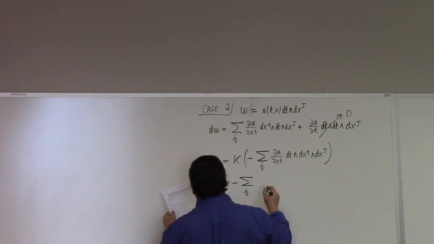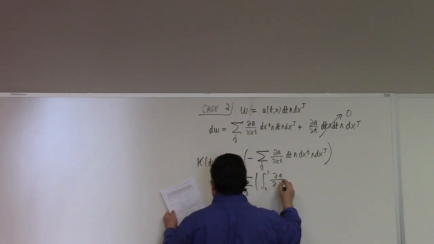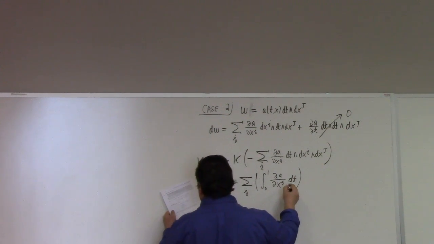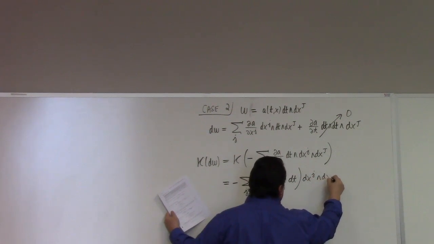So the sum over j of the integral 0 to 1 of partial a. Why use two different letters when you have the opportunity to use the same letter twice, just with different capitalization? So partial xj dt, and then dxj wedge dx big J.